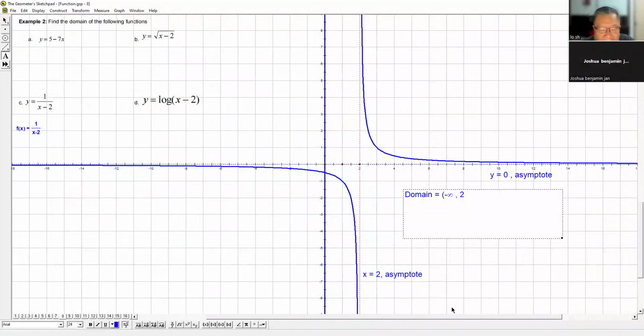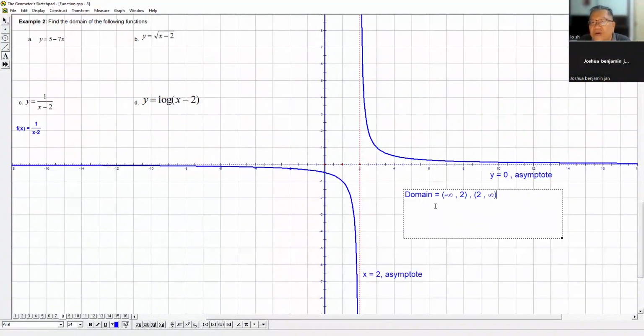So you don't use the square bracket; you can only use the round bracket. Then there is a break along this line here, x equals to 2. The other part will be from 2 until infinity.